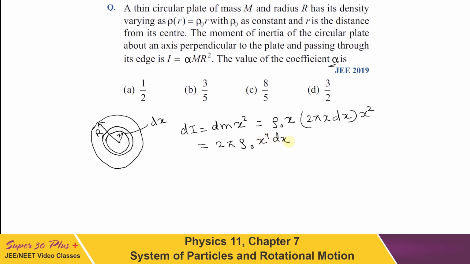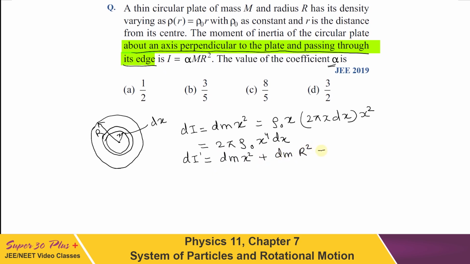Now if we have to get the moment of inertia of this elementary ring about a perpendicular axis passing through the edge, then we have to apply the parallel axis theorem. So dI dashed can be written as, because here we have to calculate MI about an axis that is perpendicular to the plate and passing through its edge, dI dashed can be written as dm x square, already we have calculated, plus dm r square.